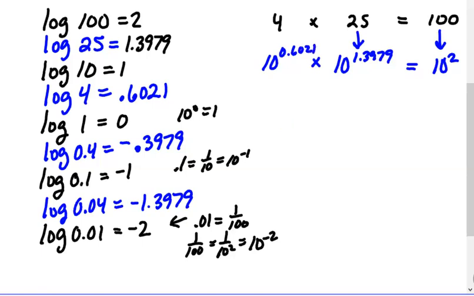Now notice we have two numbers with the same base that we are multiplying together. That means we can add their exponents. So I should be able to say 10 to the 0.6021 plus 1.3979 equals 10 squared.